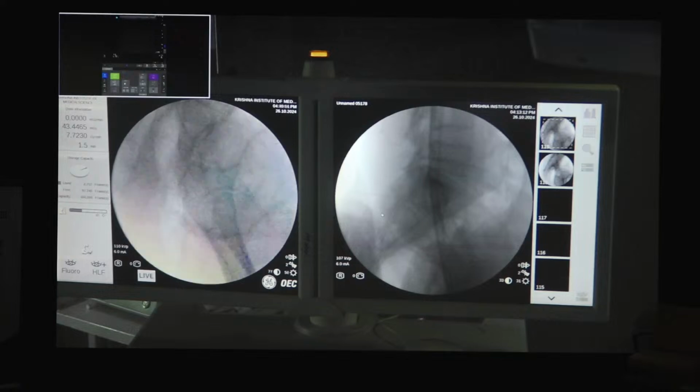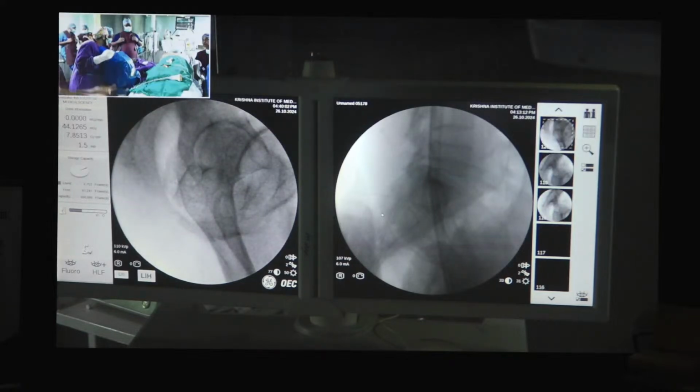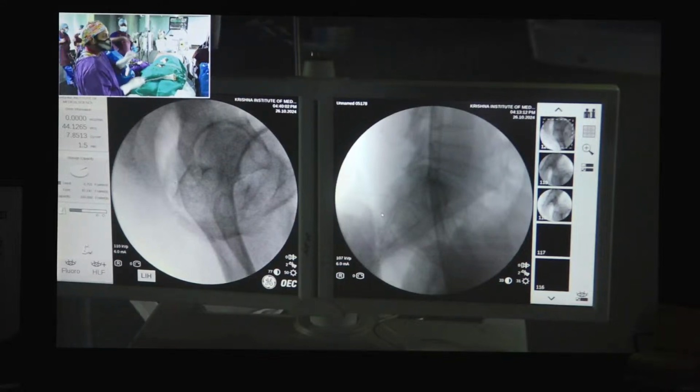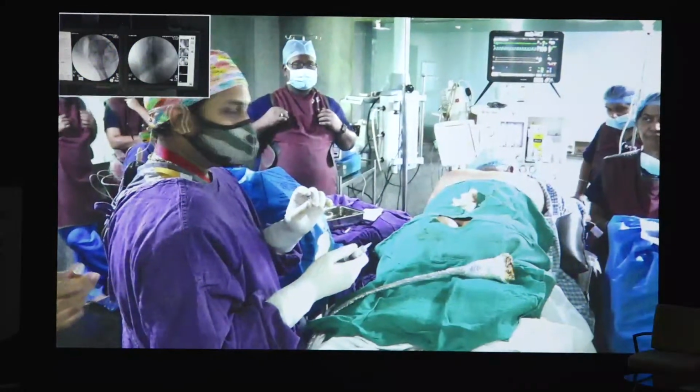No, the surgeon's procedure site. Can you, in the picture, increase the size of the procedure?